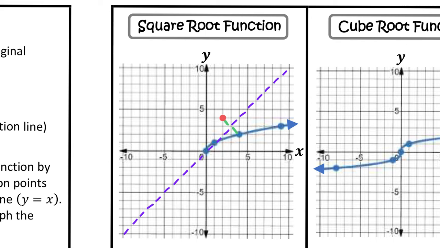Then how far is this blue point from the diagonal? It's 1, 2, 3 steps away. So if I go 1, 2, 3 steps, I get this point here.